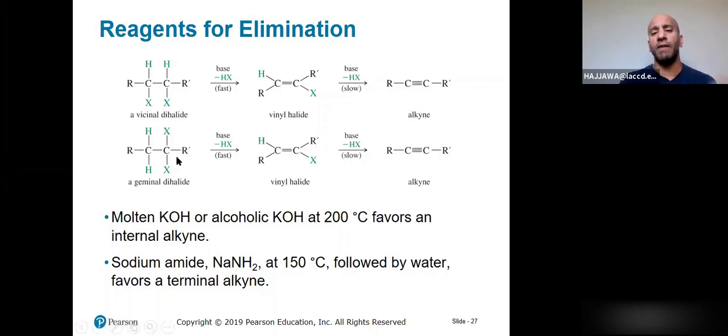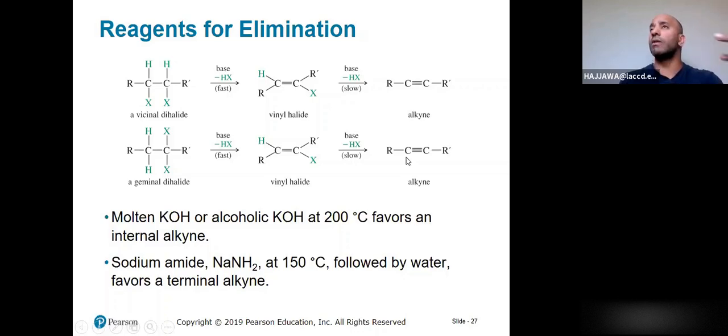The same thing would happen if I had a geminal dihalide. So the first hydrogen will be deprotonated, forming a double bond to kick off the first X. So you're forming a vinyl halide, just similar to the previous one. And the second molecule of base will grab a hydrogen from the vinyl halide to give you the alkyne at the end.